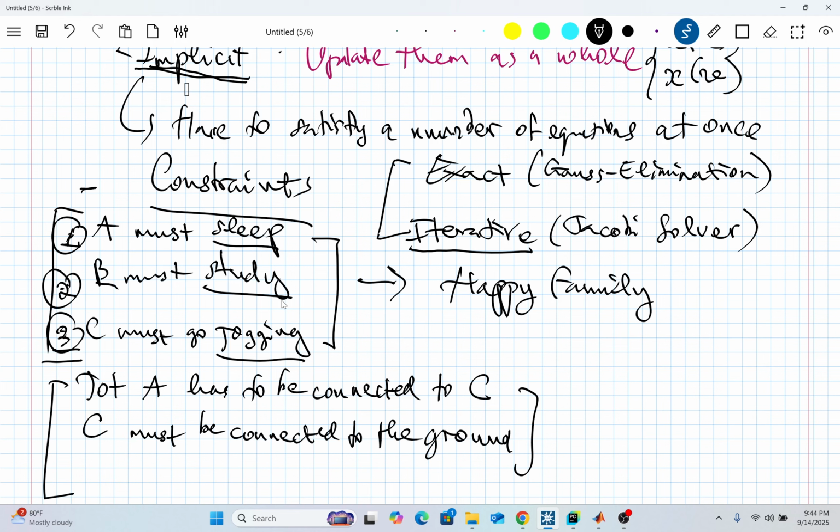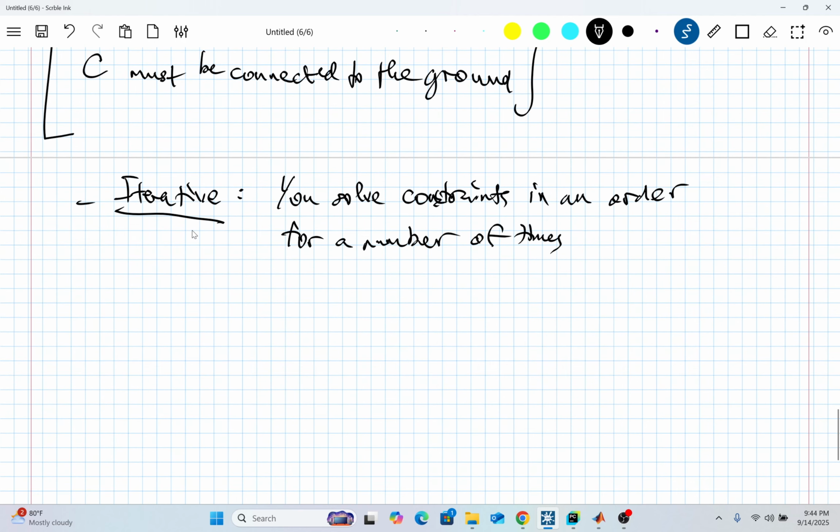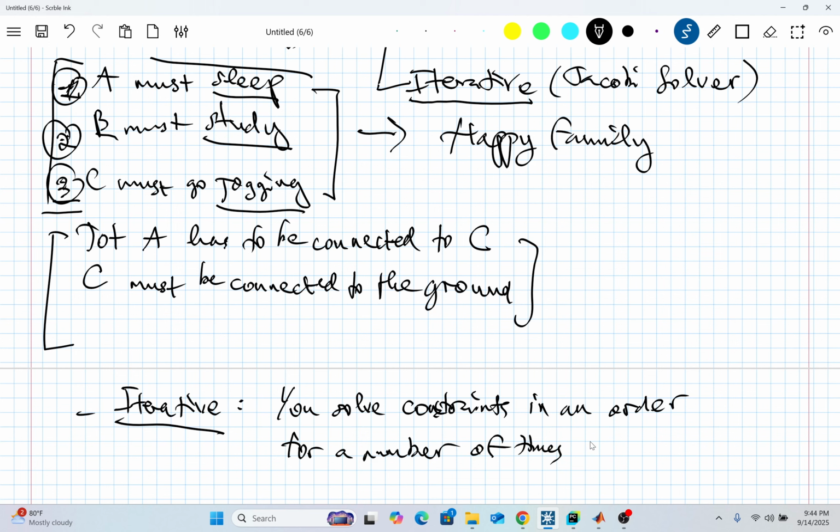So you would like to solve every constraint at once, but you cannot. So you use the iterative solver, which means that you solve them one by one and then repeatedly. You put A to sleep, you tell B to study, you tell C to go jogging, and then A will be awake. Then you will have to put A to sleep again, and you will tell B to study again. Like you will have to continue the loop until you are satisfied with the result.